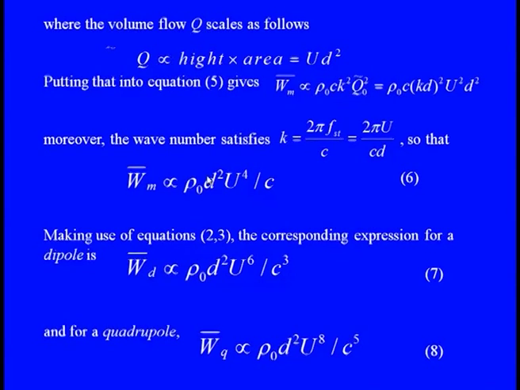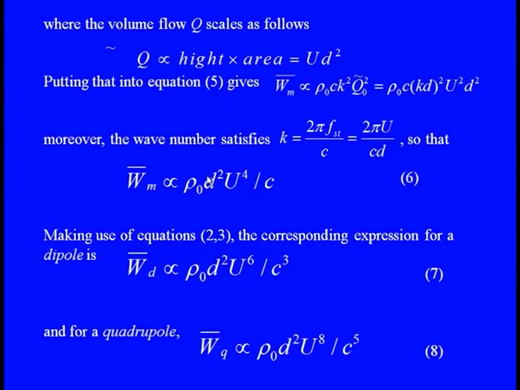We can put the wave number k, which is equal to 2 pi f d divided by c, or 2 pi u by c d if we replace f. So ultimately the power generated through the monopole source is proportional to rho 0 d square u4 by c.